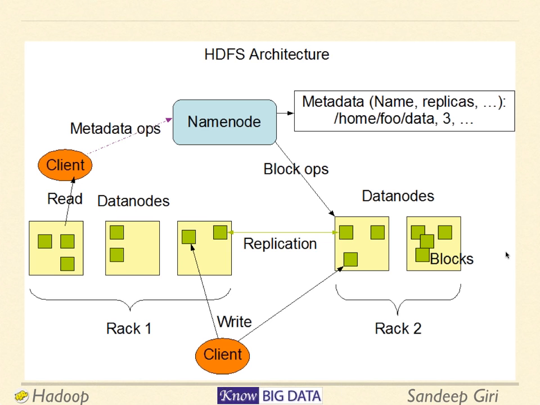In case you are trying to write data which is going to overflow the block size, it will suggest you write from this byte to this byte onto this block, on this particular machine, and this byte to this byte in another data node. So this is the duty of the name node.